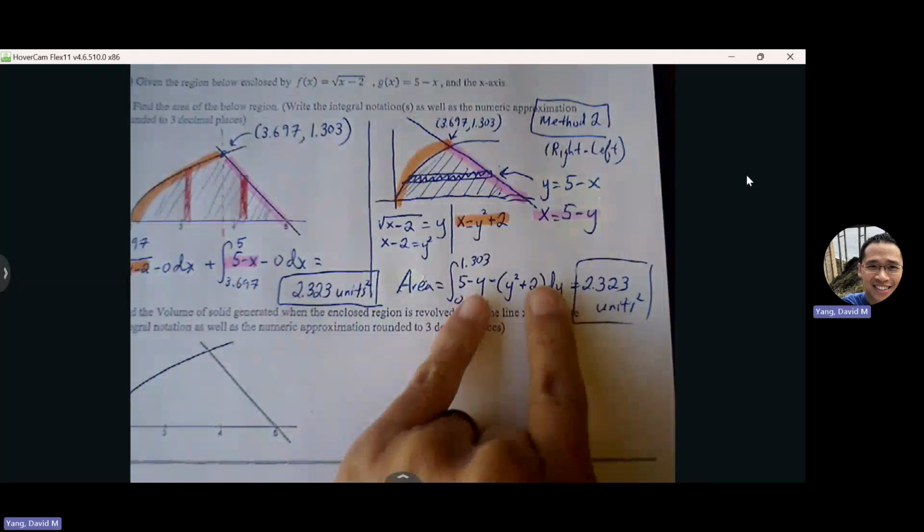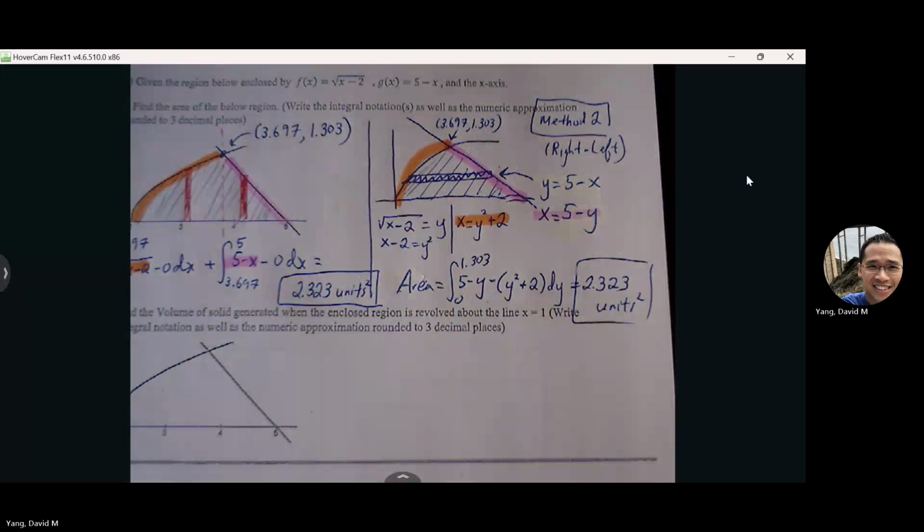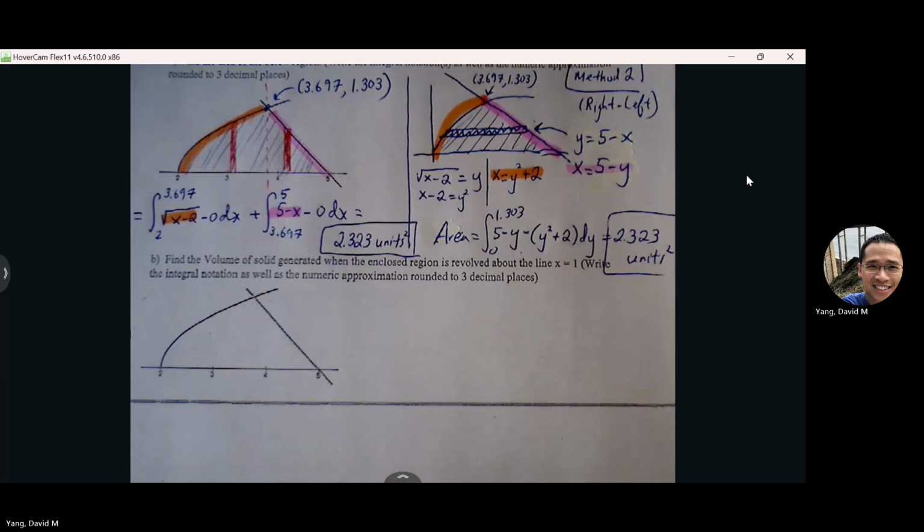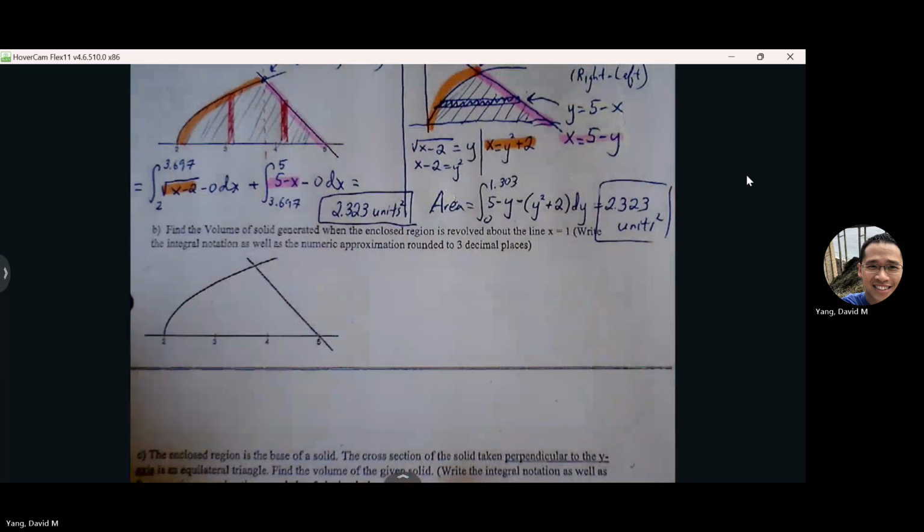Again, with area, we don't square anything. Any questions with one?